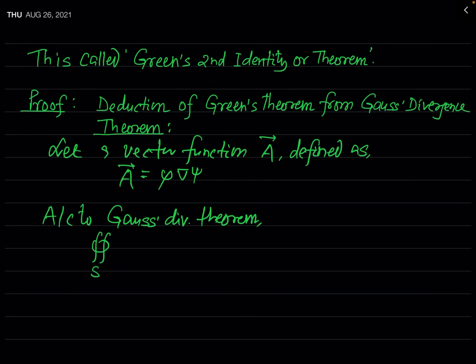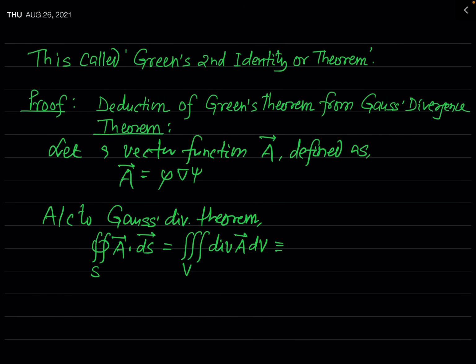The integral over a closed surface S of A dot ds, which is the normal surface integral of the vector function A, is equal, according to Gauss's divergence theorem, to the volume integral over the volume V enclosed by the closed surface S of the divergence of A dV.